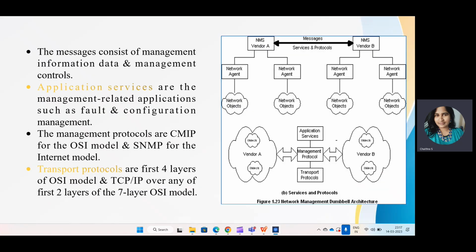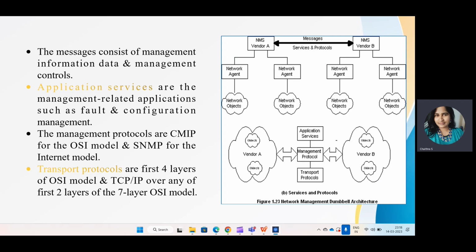Here you can see the network management dumbbell architecture. I referred to this diagram in some textbook. There is a vendor A as well as a vendor B, and as I said, the distribution layer is the switches or routers, which I have considered here as vendors A and B. In this there is a network agent as well as network objects.